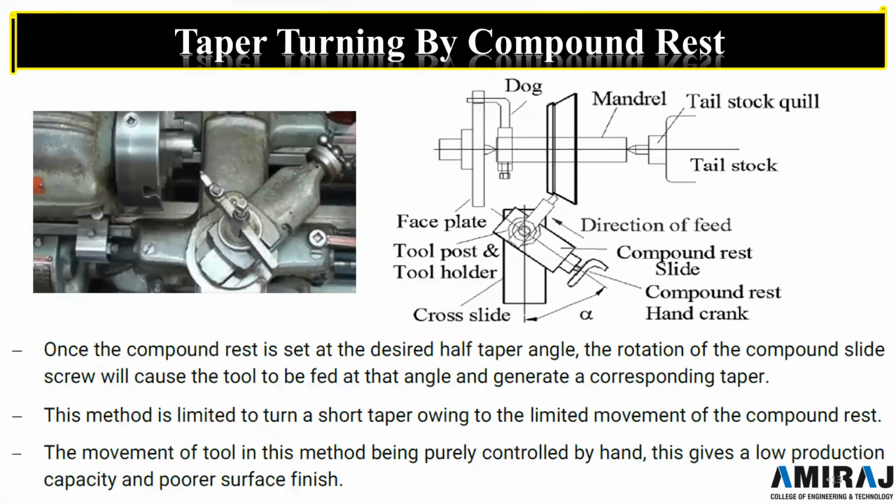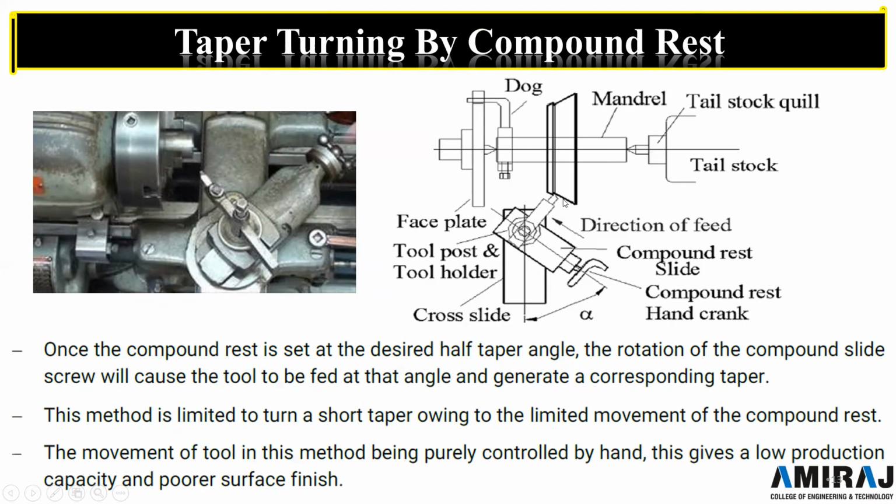Next method is taper turning by a compound rest. Here you can see a workpiece mounted on this mandrel, and this mandrel is connected to the lathe dog, which is used to give rotational motion to the mandrel and to our workpiece.